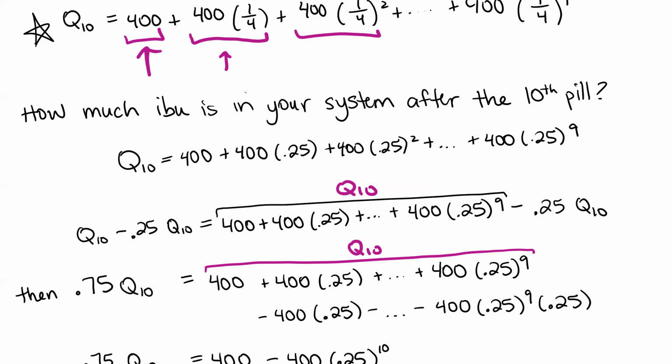All right, now we can see that a whole bunch of stuff is going to cancel out. So in particular, we see that we have 400 times 1/4 minus 400 times 1/4. So those cancel.